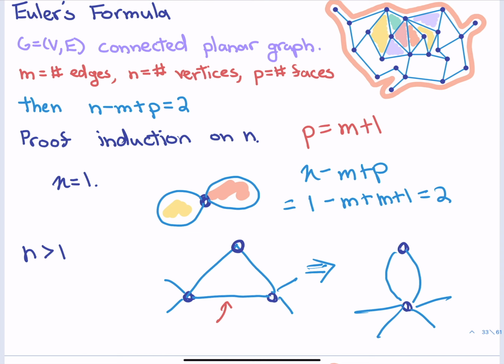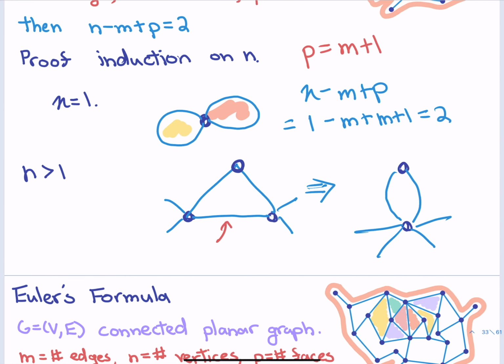What happened to n, the number of vertices? It went down by 1. And what happened to the number of edges? The number of edges decreased by 1. And what happened to the number of faces? It stays the same.